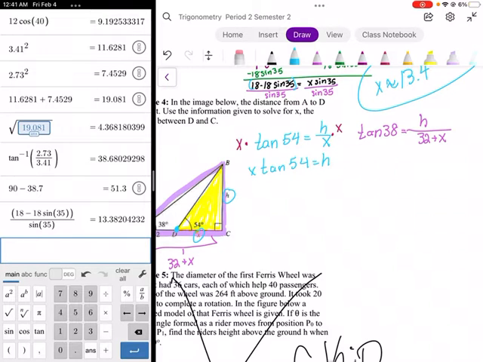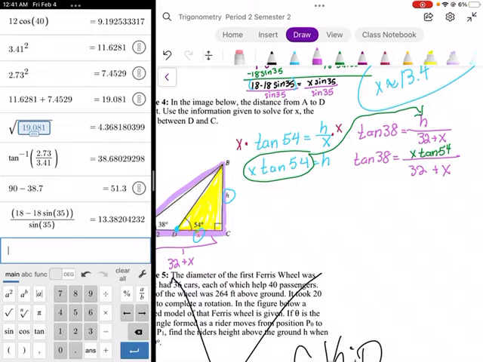Now that we know what h is, we can plug this into our second equation on top. Now we can go ahead and start solving because we only have one variable.